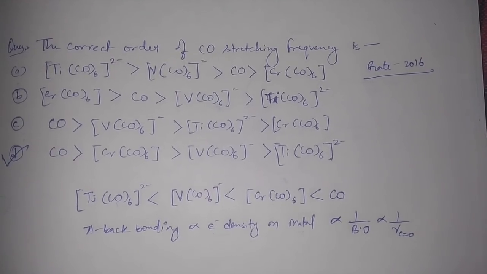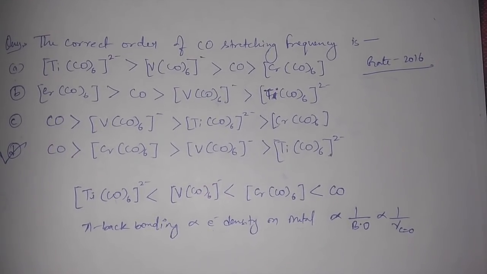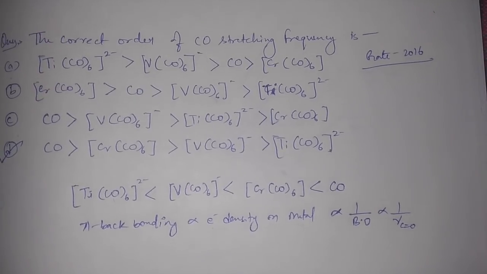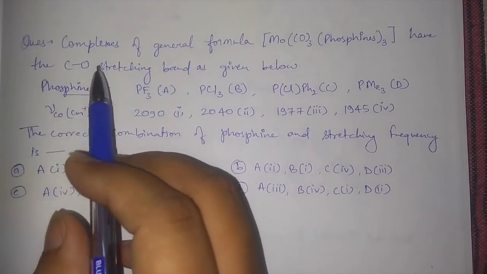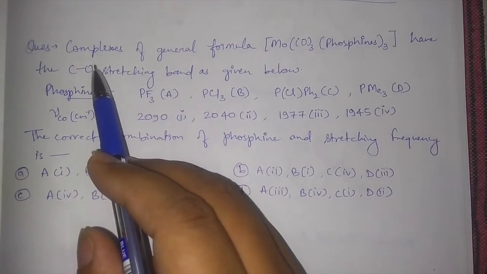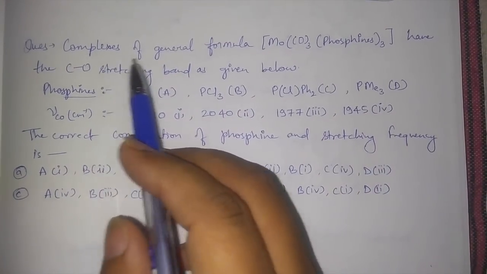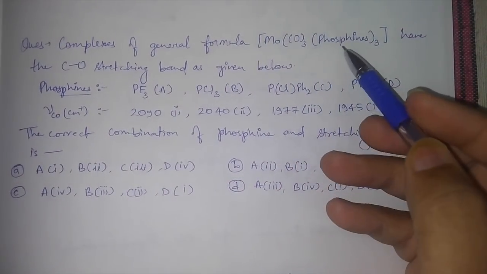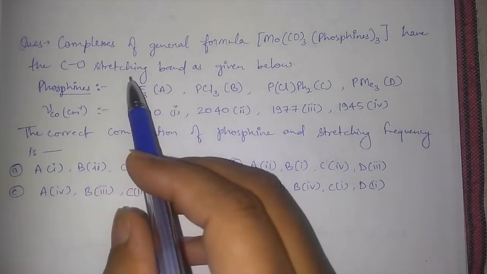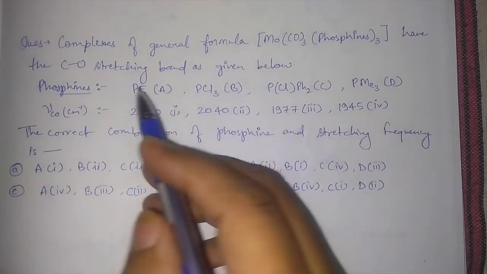I'll give you a few more examples to make you understand it. Now this question was asked in CSIR June 2012, I think. It asked that the complexes of general formula Mo(CO)3(phosphine)3 have the CO stretching bands as given below.